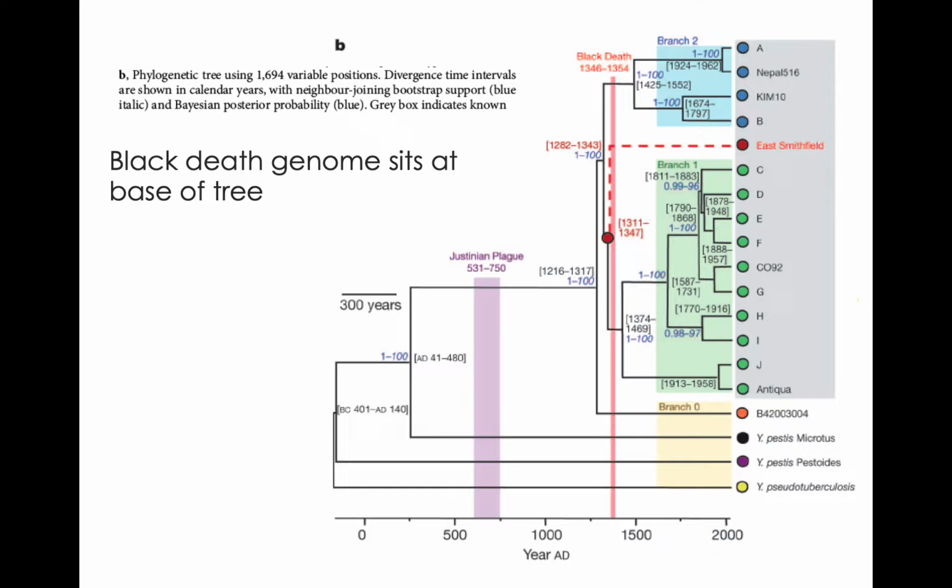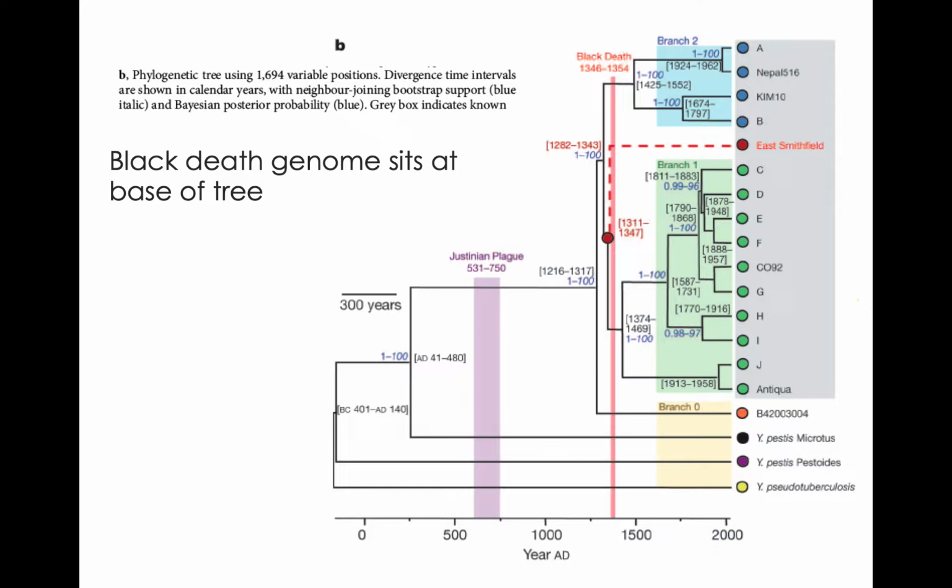What they showed was that their Black Death genome sat at the base of that phylogeny, and that's what you'd expect, because when you reconstruct all the mutations that have given rise to variation here, and you go back to that node there, you'd expect the ancestor of all the modern strains to look like the Black Death.